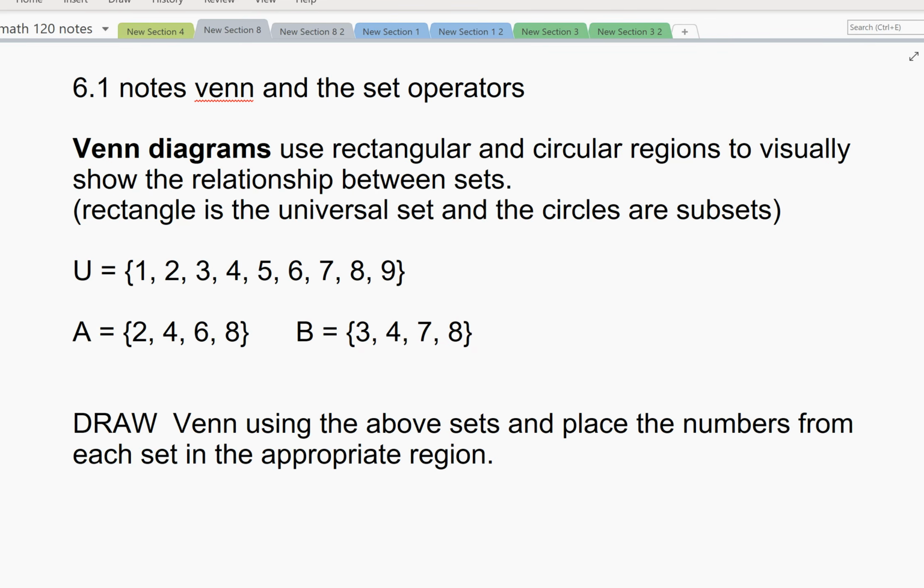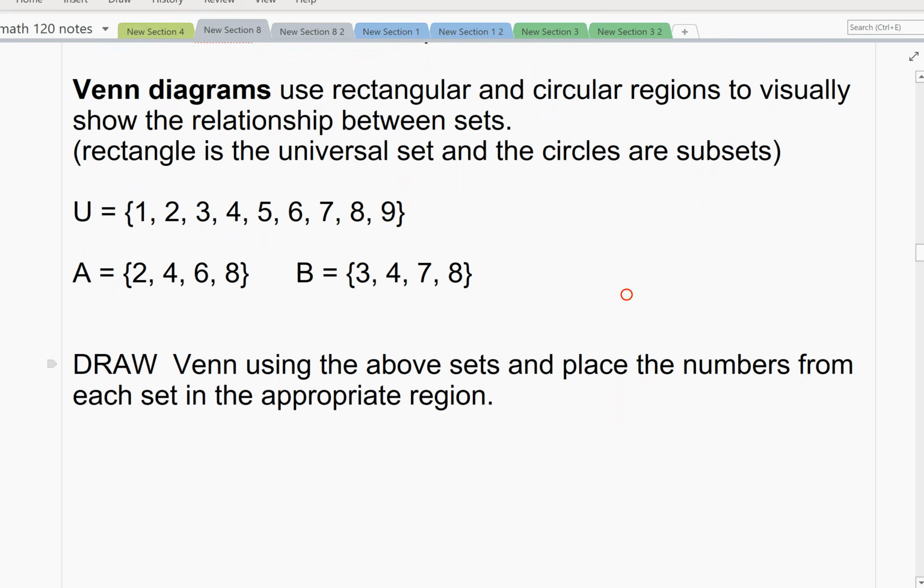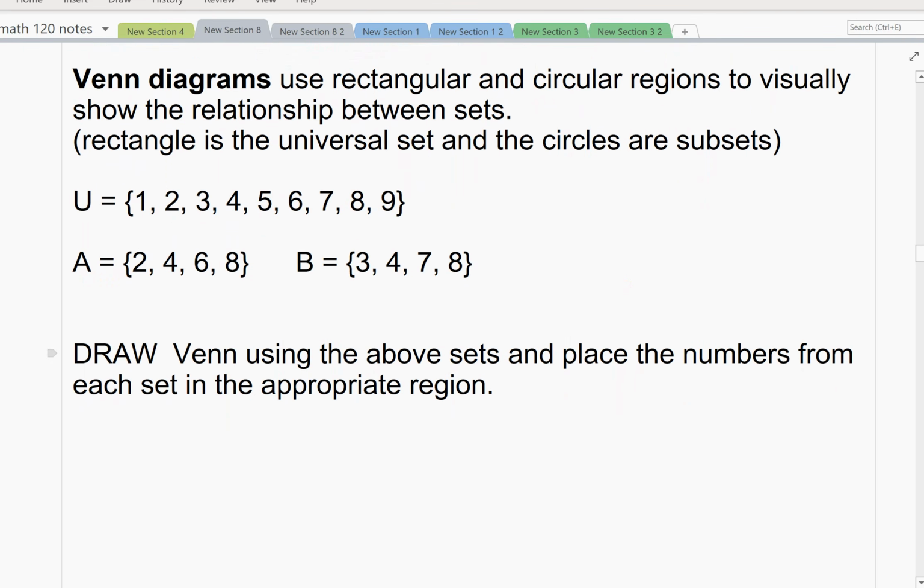Venn diagrams are a tool or a visual aid that's used in a lot of things, not just mathematics. Alright, so the Venn, just to set it up and remind you what a Venn diagram is. A Venn diagram is usually a rectangle with circles drawn inside, and it's a visual tool to help you represent the relationship between a universal set and its subsets.